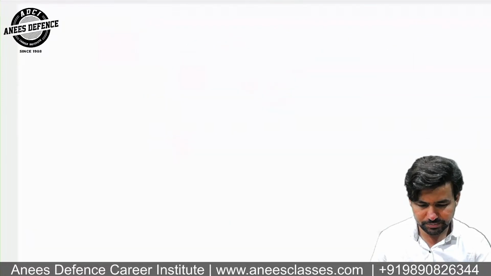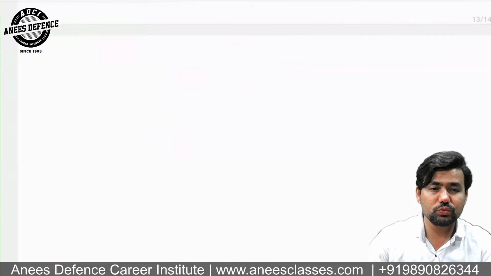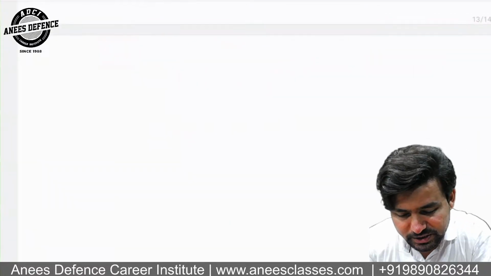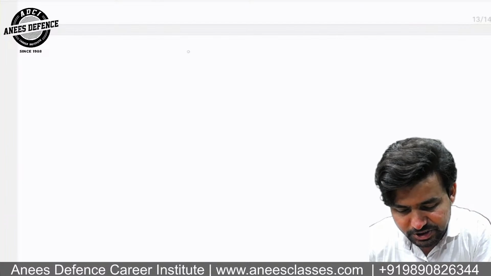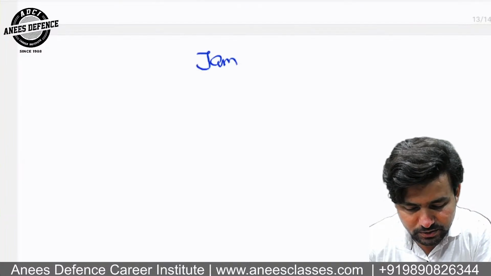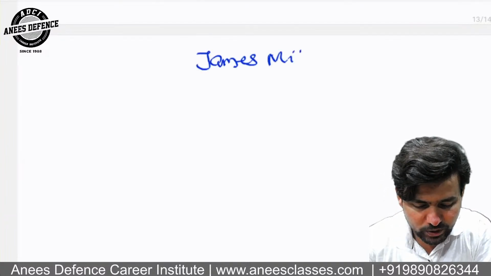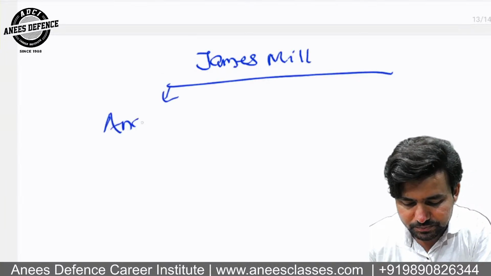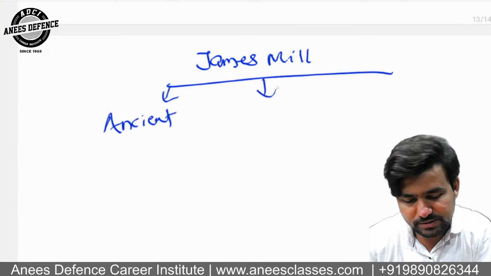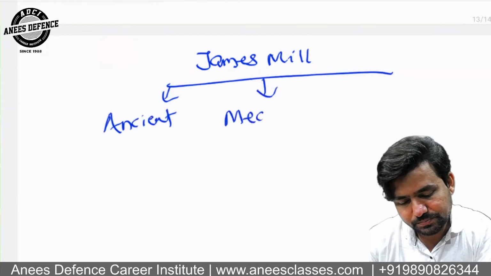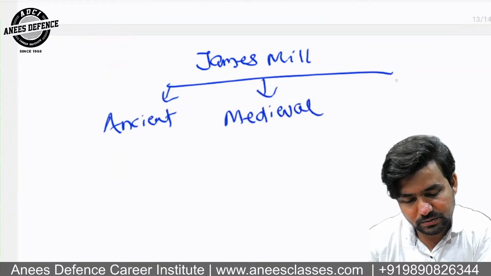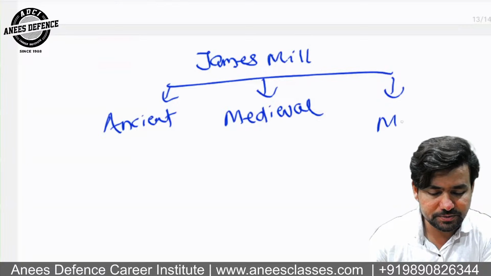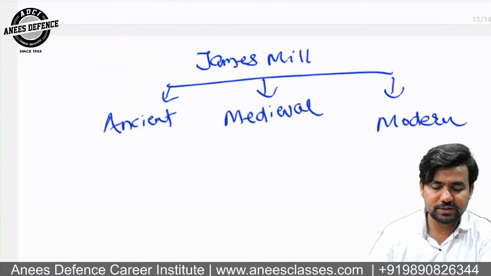Let me sum up what we are going to study in ancient Indian history. See, James Mill was a historian who categorized Indian history into three parts. One is ancient history, the other is medieval history, and the third one is modern Indian history.